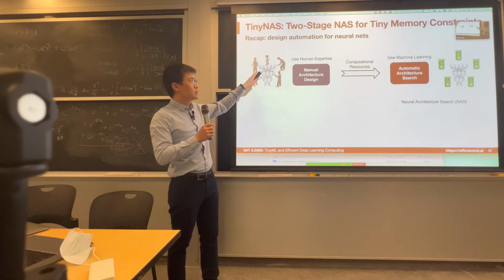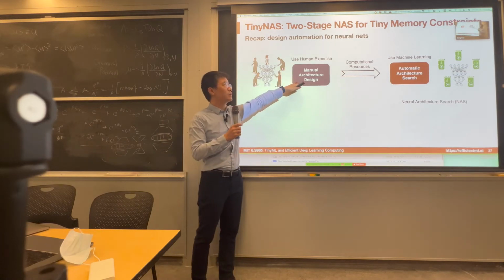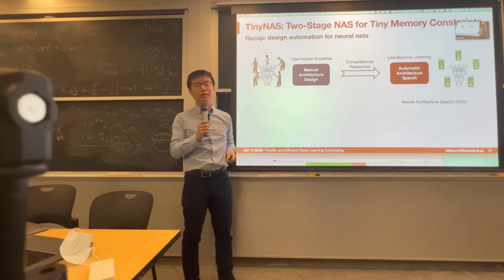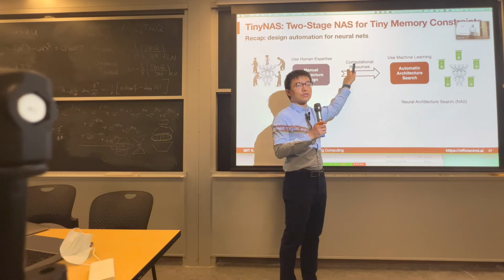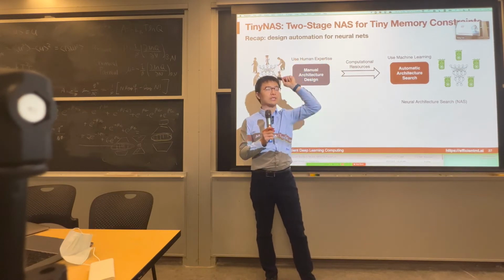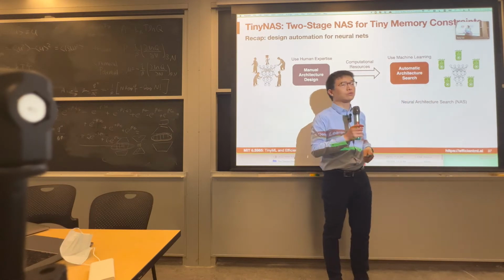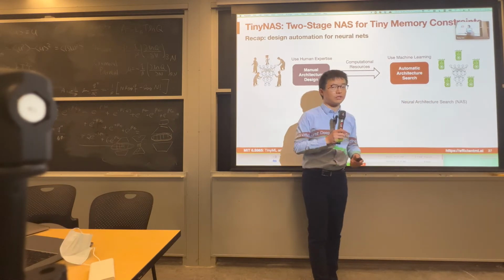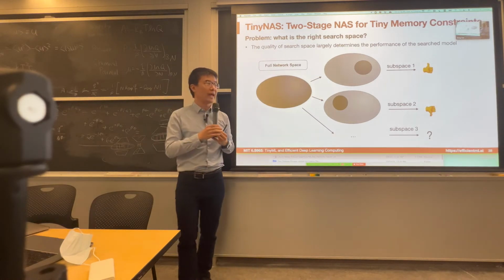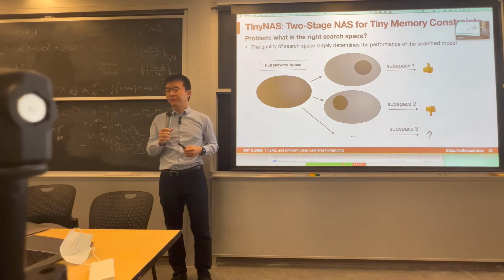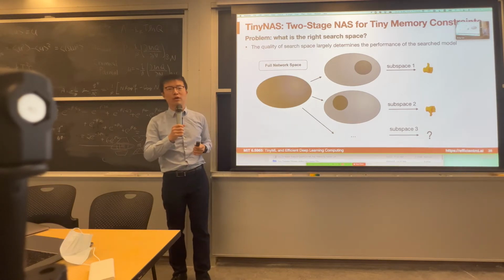So we talk about this big picture of neural architecture search, right? Rather than using human expertise to manually design the neural network architecture, we want to use computational resources to assist conventional human design, to use a lot of GPU resources to do this automatic architecture search. And we described that in order to do NAS, we need to have the right search space rather than searching across the entire forest.